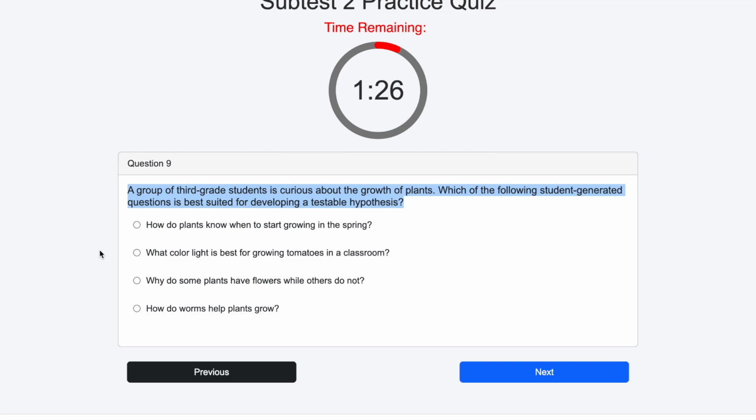Notice that this is coming from the content specification under the CSET section labeled lab processes, equipment, and safety. Now, what I'm noticing here, I would go with what color light is best for growing tomatoes in a classroom, and that's because this question can actually be tested. Yeah, and that's what the question is looking for.